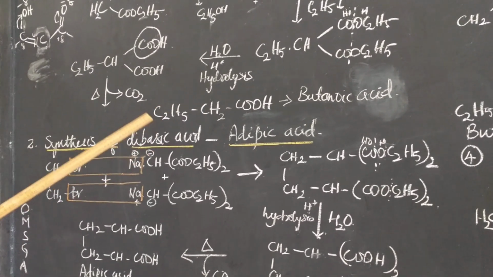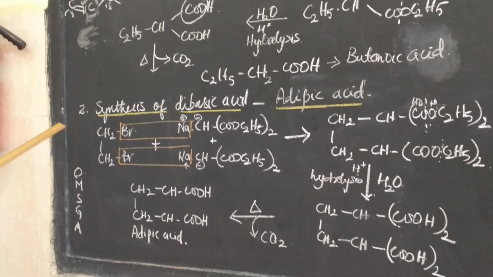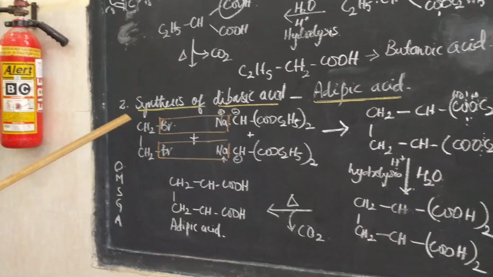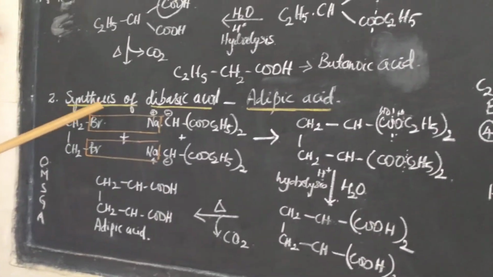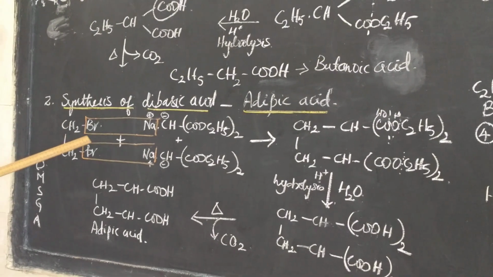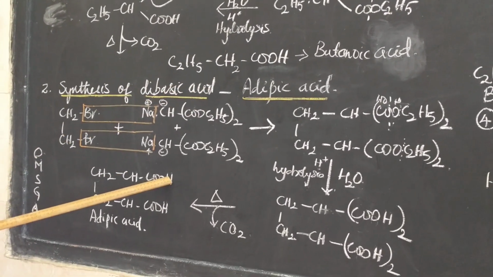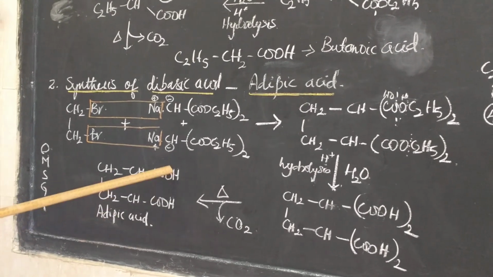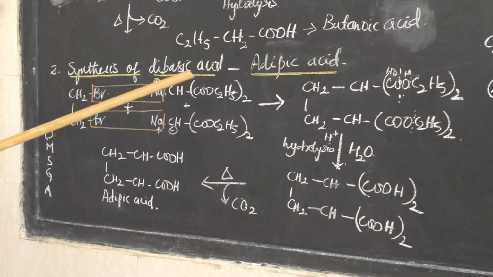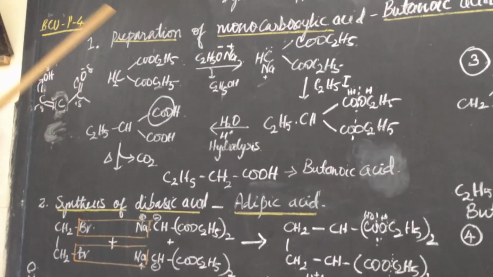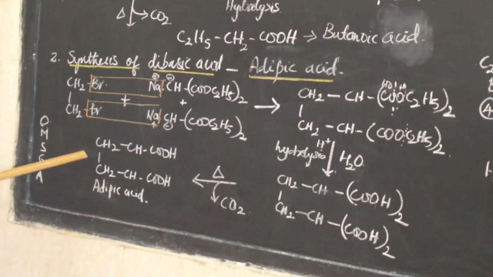Okay, now let's go to the second synthetic procedure. Now this is how I am going to synthesize a dibasic acid. Dibasic acid, as you can see, has two carboxylic groups. I want adipic acid from my diethyl malonate.